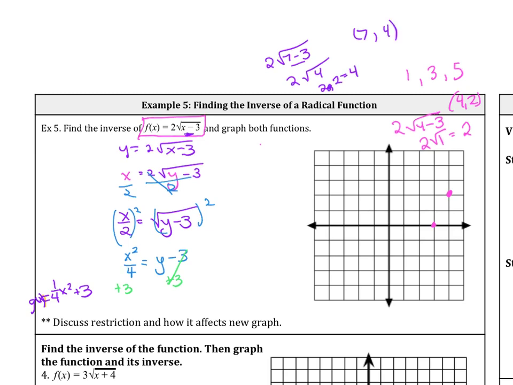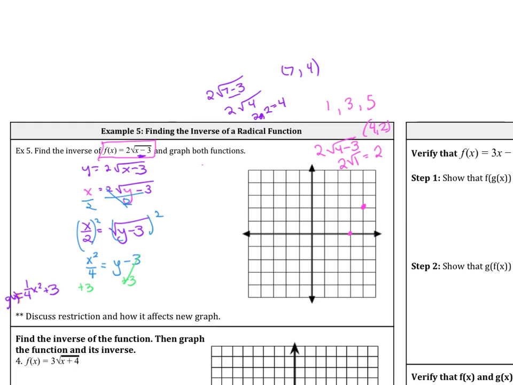So I go right to 7. Let's extend this graph. 4, 5, 6, 7, right? And then I go up to 4 up here. What I want you to notice is that we went up 2, right 1, then up 2, right 3. The next one is going to be, what do you think?